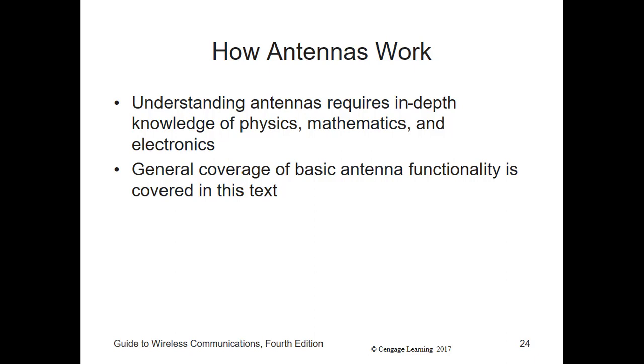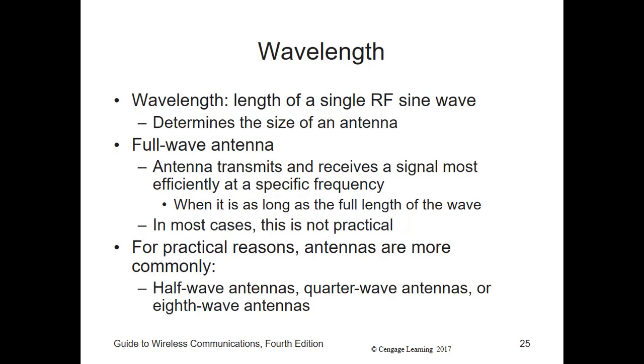And the first thing we want to talk about really is wavelength. The length of a signal or an RF sine wave, known as the wavelength, is what determines the size of the antenna. An antenna transmits and receives a signal most efficiently at a specific frequency when it is as long as the full length of the wave.